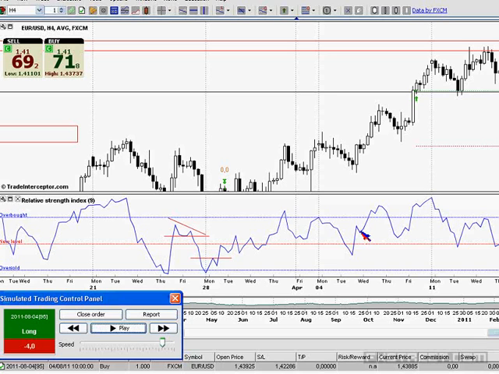In that case, we would probably have a lower entry. Okay, because the RSI is not accounting for highs and lows. It just takes the close prices.